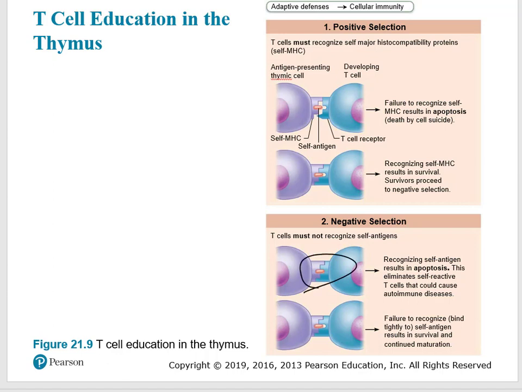Like in this case, it's tightly bound, which means it has recognized the self-antigen and will cause an immune reaction onto your own body. That's why you'll have an autoimmune disease. So this cell, which recognizes the self-antigen and would start attacking it, will be killed. Only the cells that recognize the receptor but do not bind to the self-antigen will pass. Self-antigen should not be attacked because it's yourself. Those are the cells that go into the maturation process.